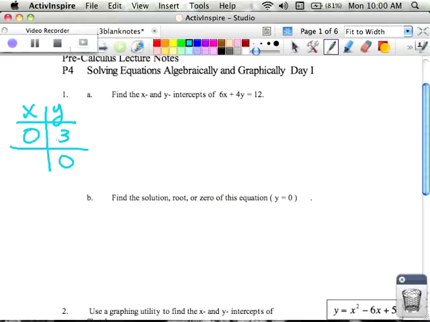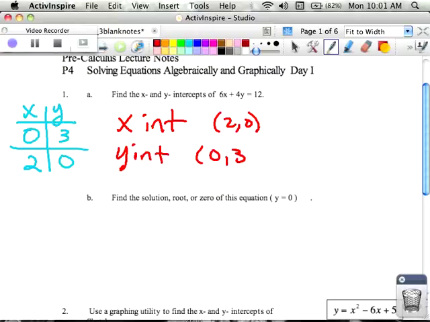And then if I plug a 0 in for the y value, that means the 4y goes away, and 6x equals 12, so x has to be 2. And what this is telling me is that my x-intercept, which is where it crosses the x-axis, is (2, 0). And my y-intercept, which is where it crosses the y-axis, is (0, 3).